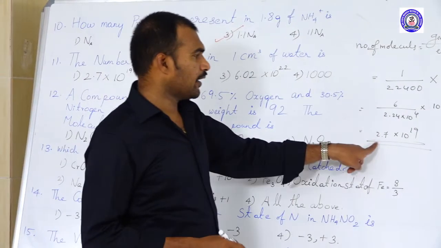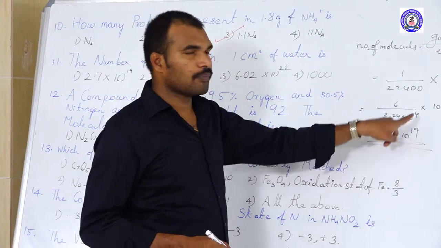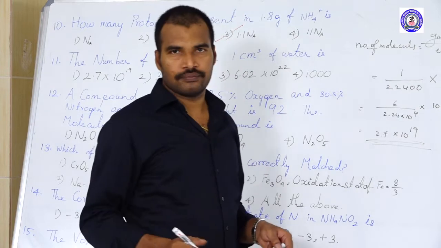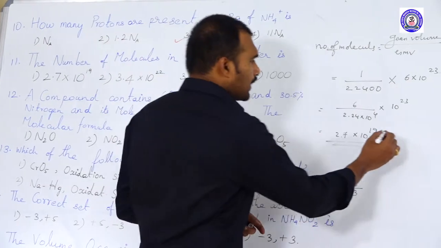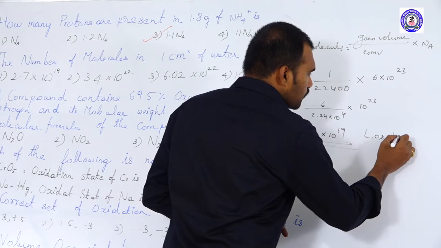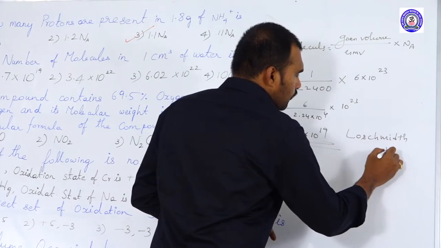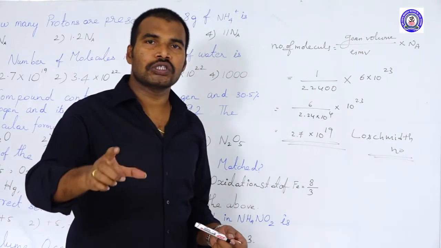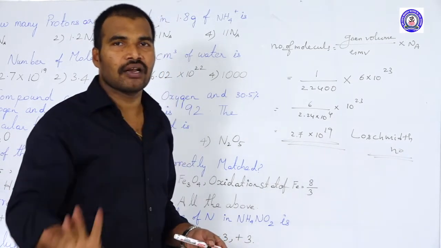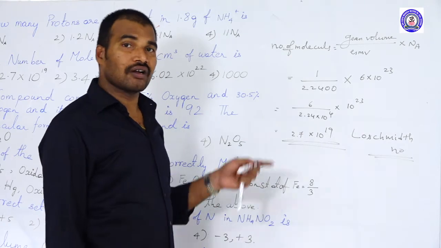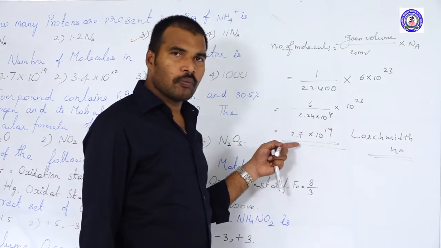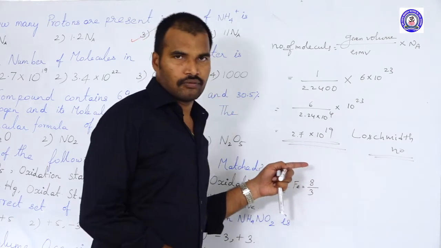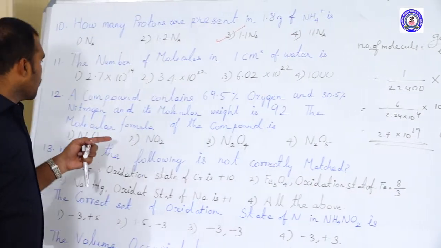So this number we call the Loschmidt number. What is Loschmidt number? Loschmidt number is nothing but the number of molecules present in 1 ml. That is equal to 2.7 into 10 power 19. It's a constant value you can remember.